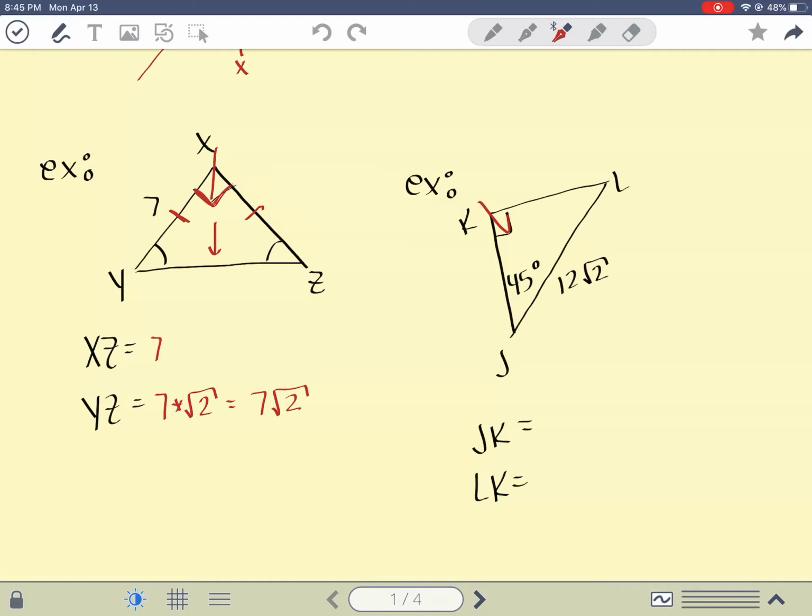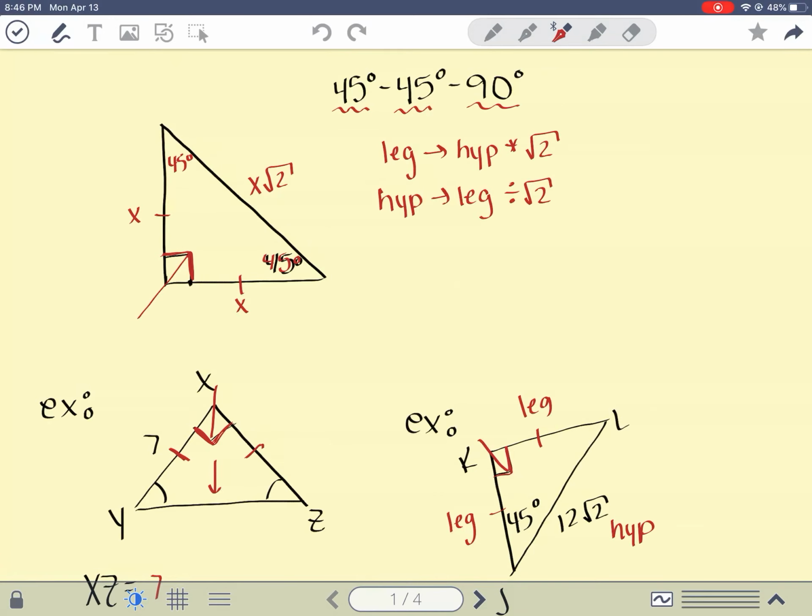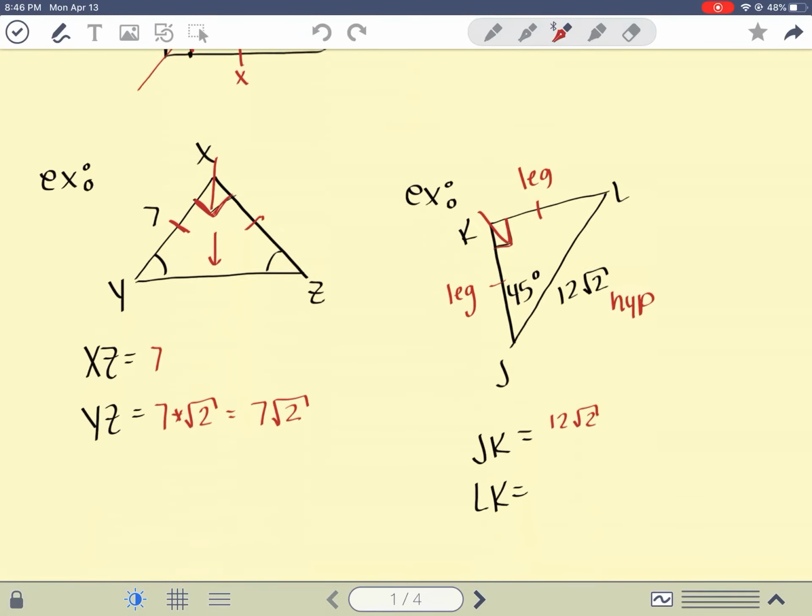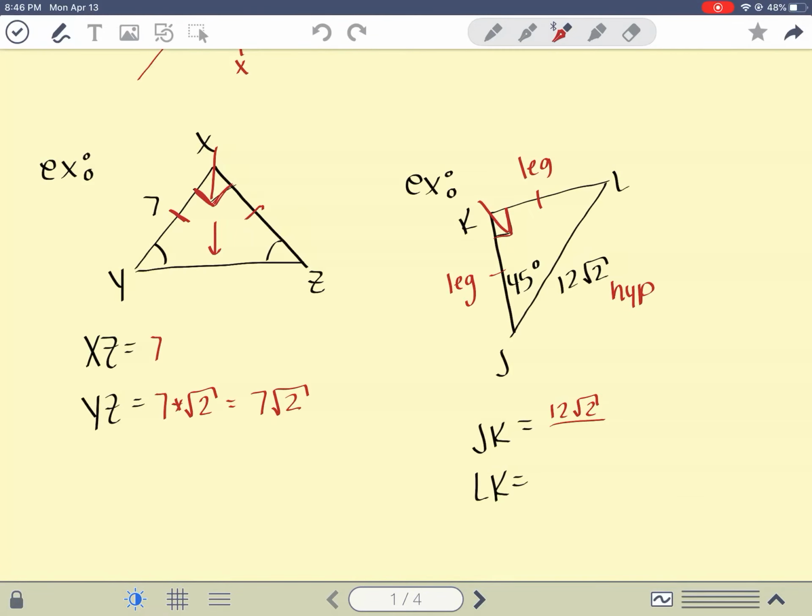On our next example, we've got triangle JKL. Here we are starting with our hypotenuse and going to our legs. Our legs are the same, so whatever we get for one leg is the same for the other. To go from hypotenuse to leg, we divide by the square root of 2.